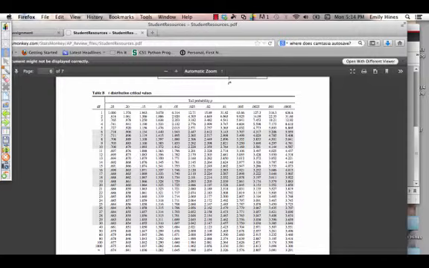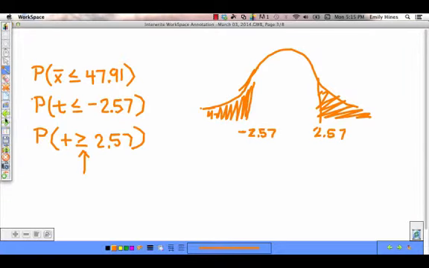The thing about Table B is it won't tell me my exact p-value. It just tells me two values that it's between. I know that my p-value is greater than or equal to 0.01, but it's less than or equal to 0.02.